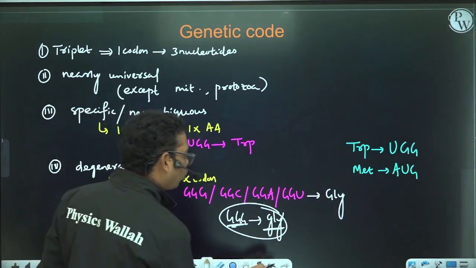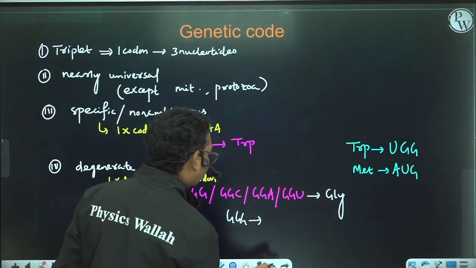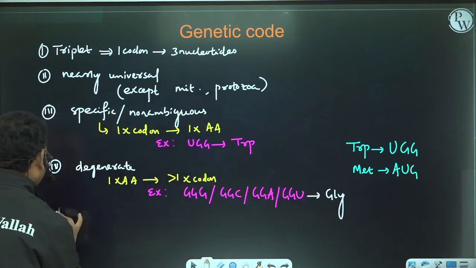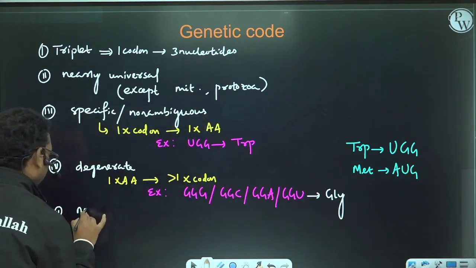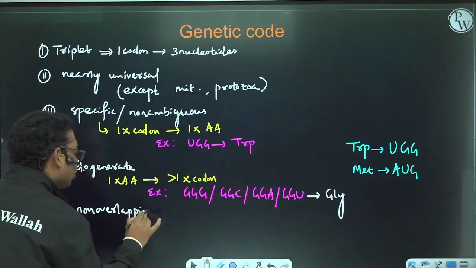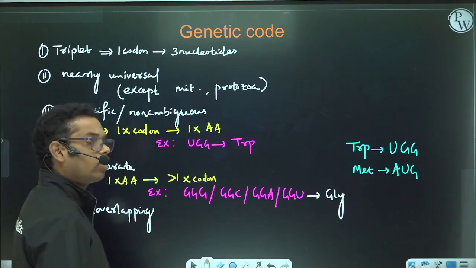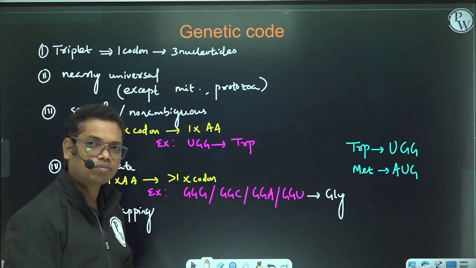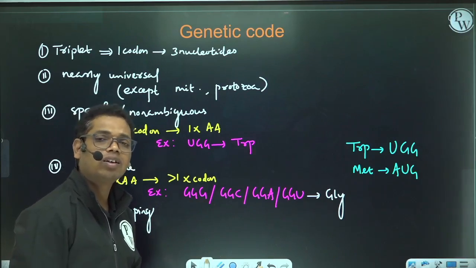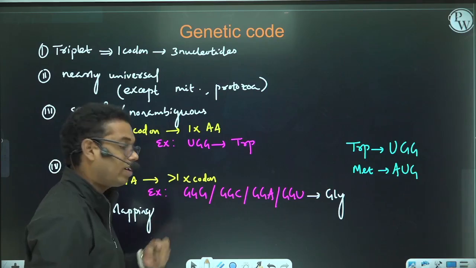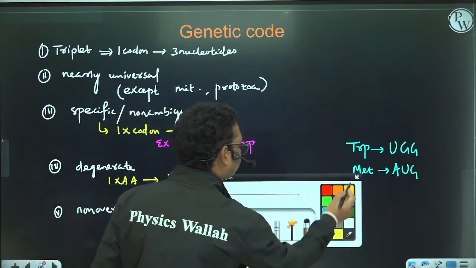And the codons are non-overlapping. When I say codons are non-overlapping, it means one nucleotide cannot be a component of two adjacent codons. Let me give you one example.